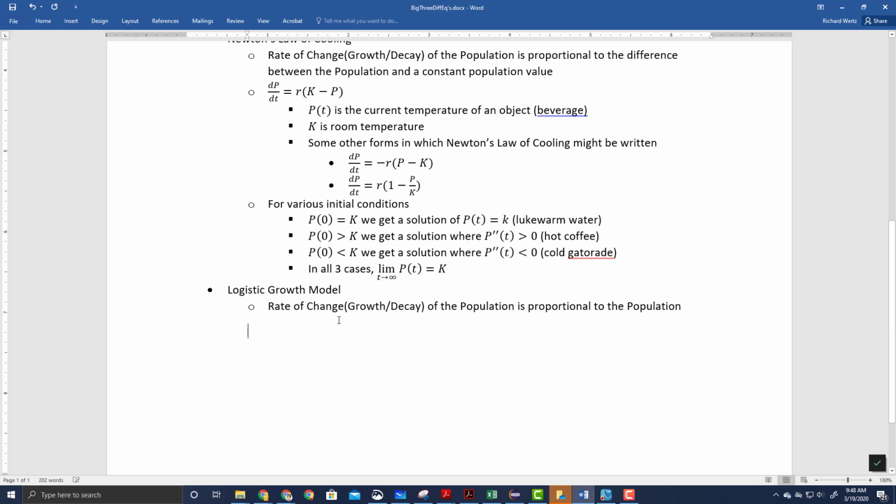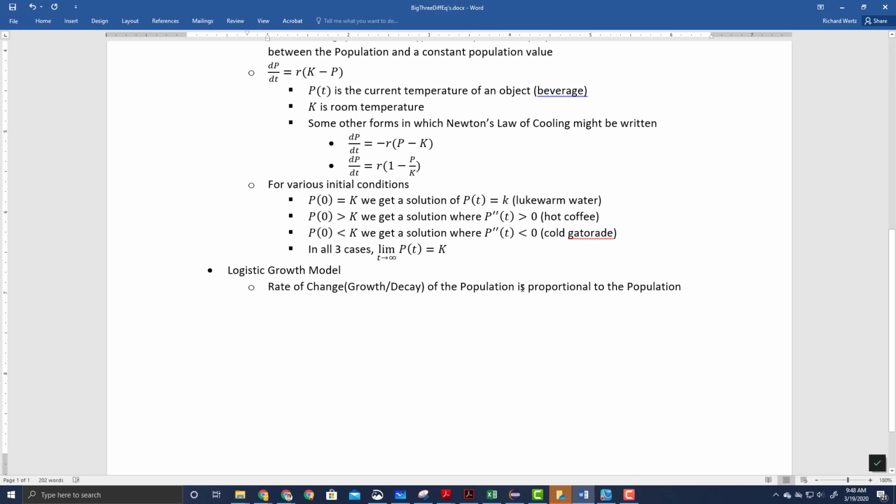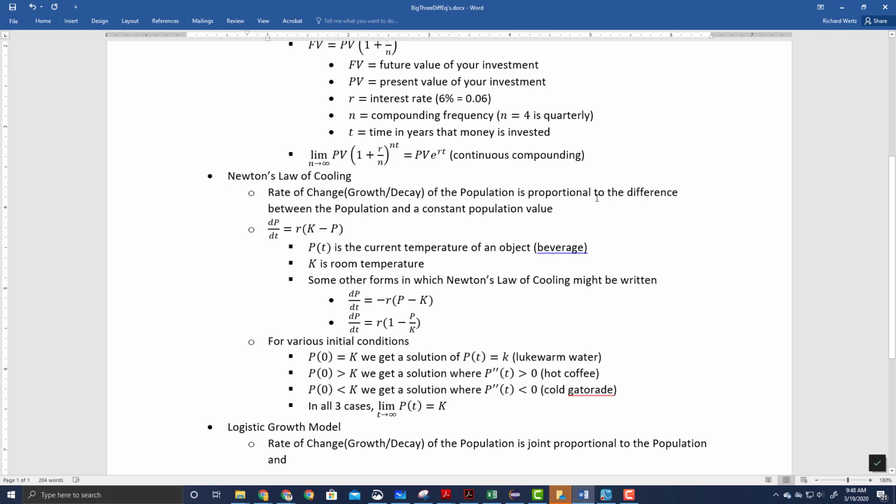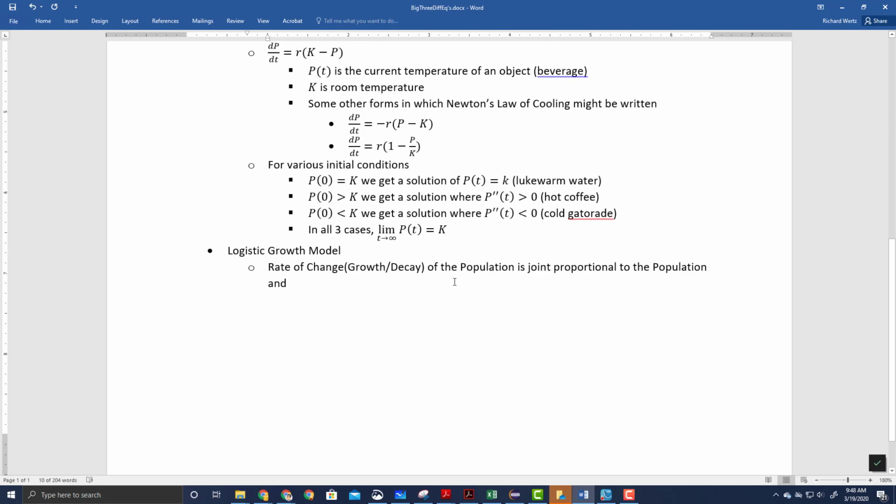So it's jointly proportional. We're going to say the rate of change is jointly proportional to the population, and the difference between the population and a constant population value. This is also known as the carrying capacity.